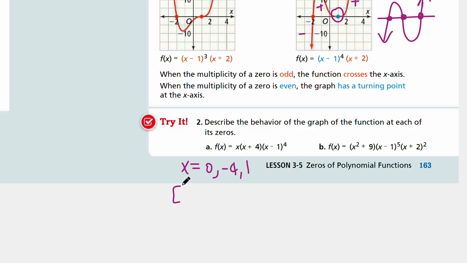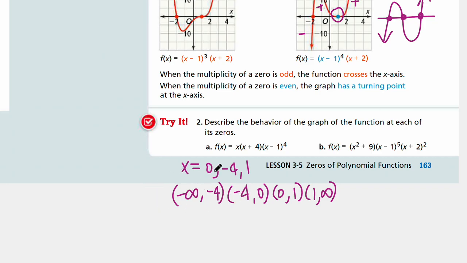Wait, that should be a parenthesis. And then -4 to 0, 0 to 1, and 1 to +infinity. So we have to check these intervals.